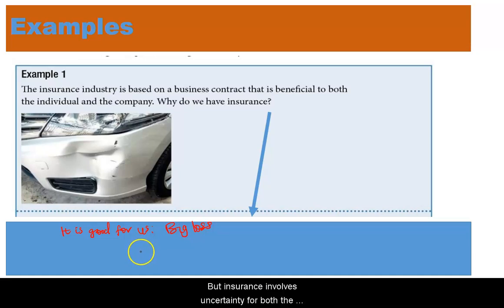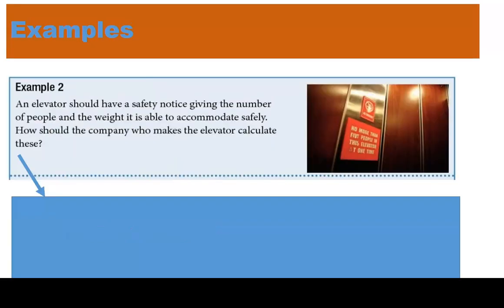But insurance involves uncertainty for both the company and the individual. So statistics will help us calculate the potential risk and the reward involved. This is one of the real life situations where statistics can be applied.